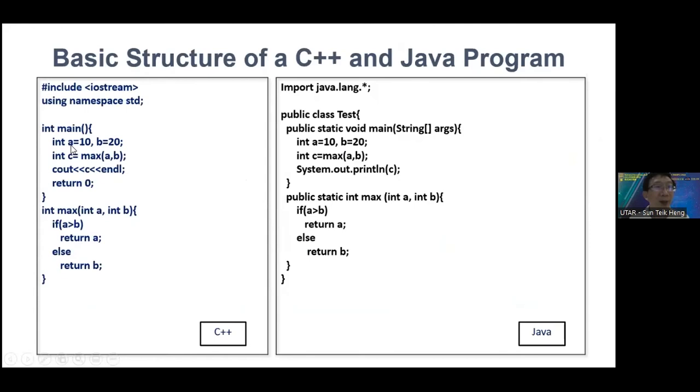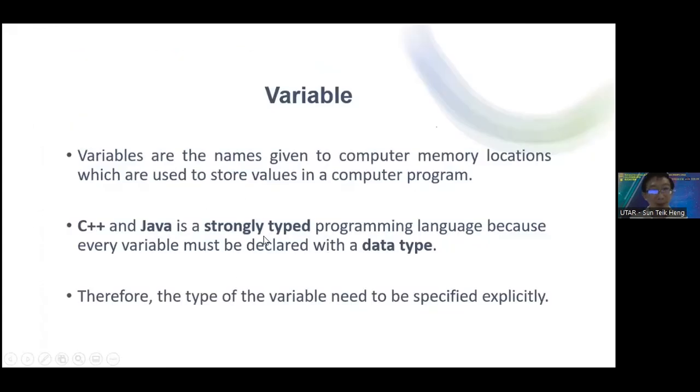Like for example, when I declare the variable A, the value that I can assign to the variable A must be an integer value because the data type is int. Int is integer. So for C++ and Java, it is a strongly typed language, meaning that you must declare the data type of the variable when you declare it.